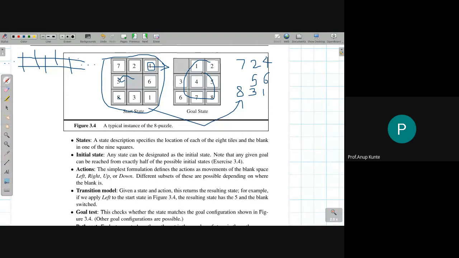I will just do an OR between these two and return whether the goal test comes out as positive or negative. That is how the goal test will be defined for this problem.